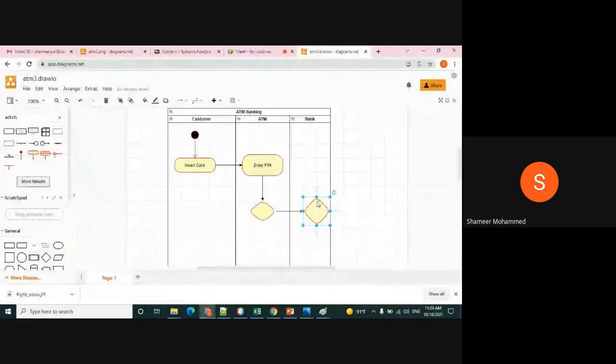So from here, you go and connect it to here.